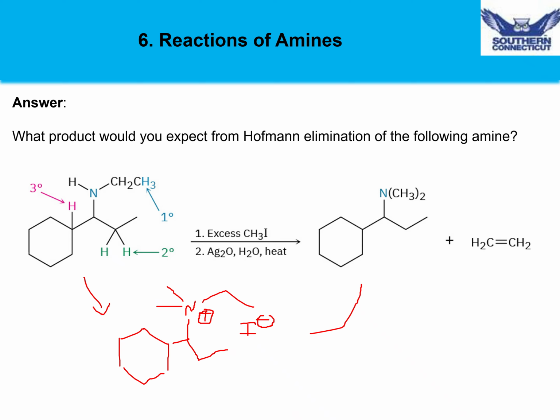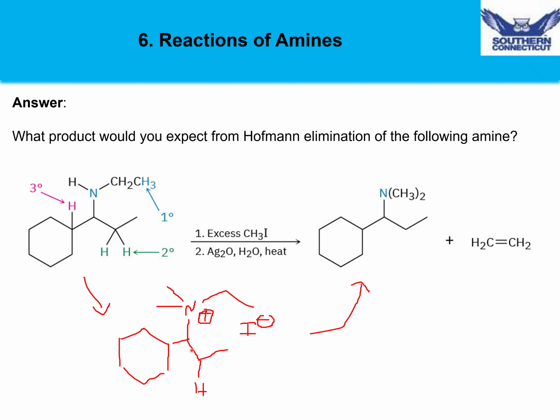And then once we add base, we can do the Hofmann elimination. Now there are three possibilities here. If we look at the nitrogen and count two carbons away, this is the carbon that the nitrogen is attached to from this side. On this carbon, we can potentially remove this hydrogen.